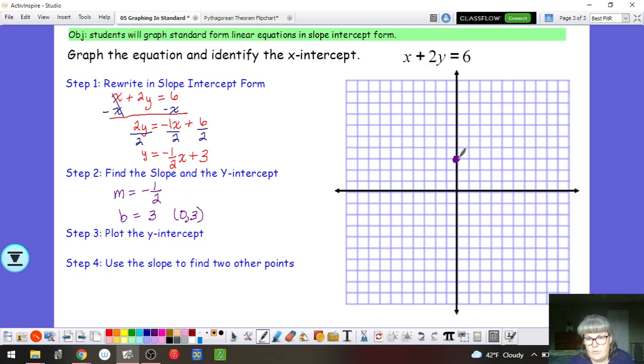My slope is negative, so I need to make sure my line is going to move in a negative direction. So I move in one negative direction going down, and I'm going to go to the right 2. I could go up 1, but then I have to make sure I go left 2. And then I can graph my line.